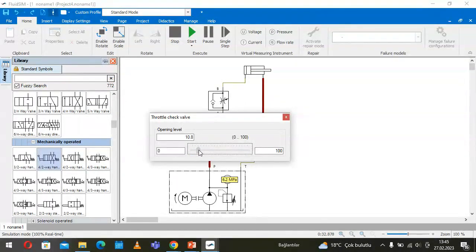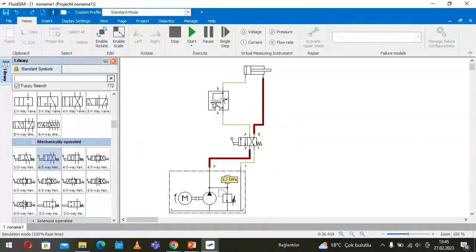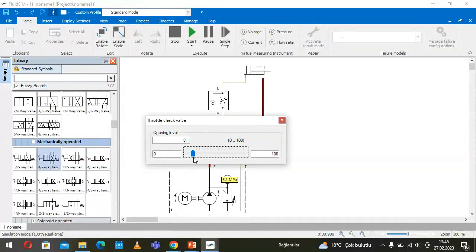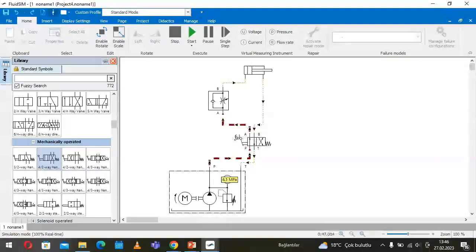This is too much. You see, it moves quite slow.